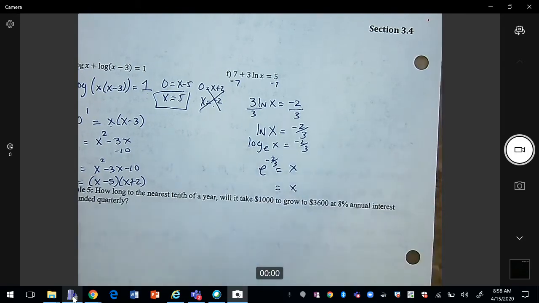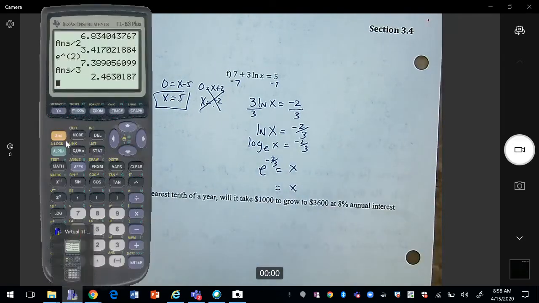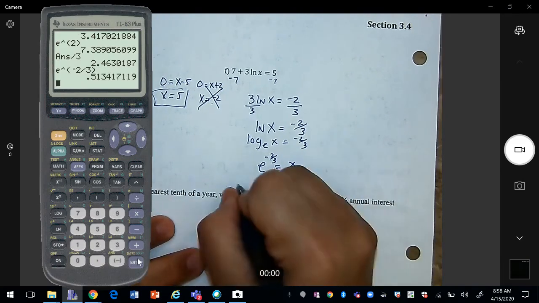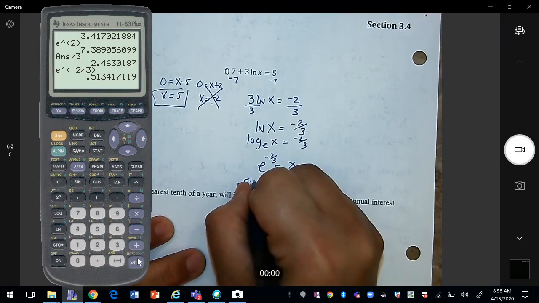If we plug that in the calculator, we get second e raised to the negative 2 divided by 3, which is 0.5134.